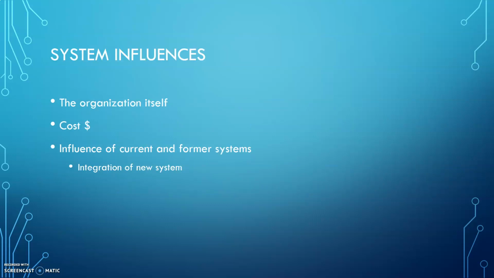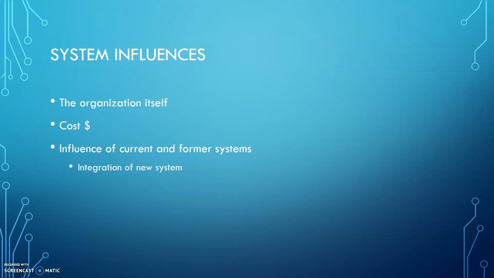So in terms of the system that we design, the architecture that we come up with for the system, there are some things that can drastically influence what that system is going to look like. One is the organization itself. There are so many aspects to just saying that, but it can be the way in which the organization has used computers, maybe what computers they do use.